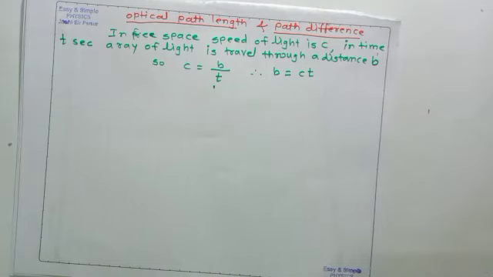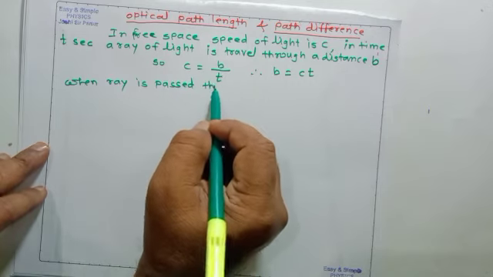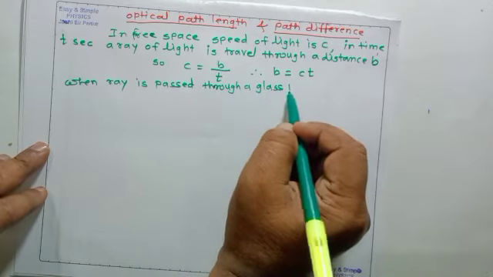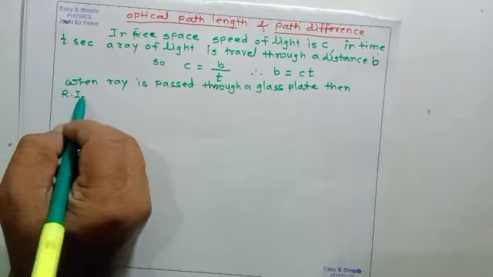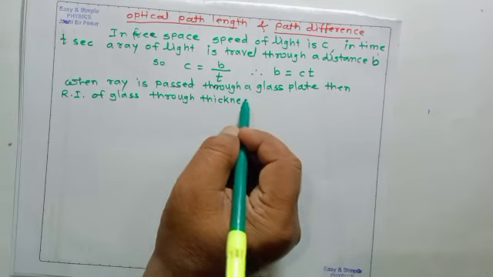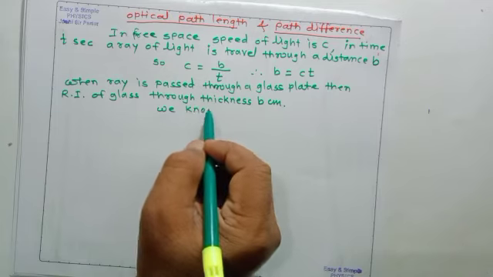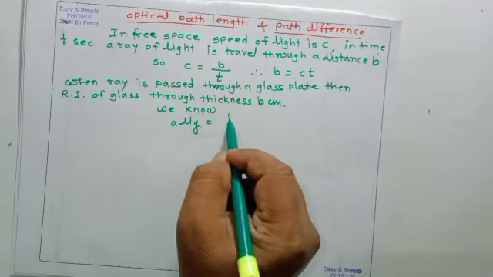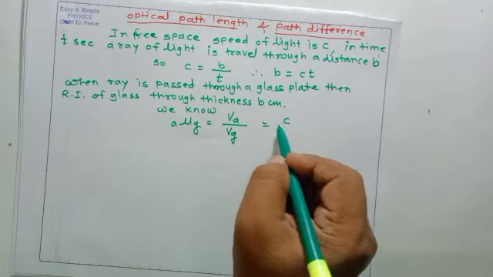When a ray is passed through a glass plate of thickness b centimeter, we know that mu for glass with respect to air is equal to velocity of light in air upon velocity of light in glass, which is c upon velocity of light in glass.